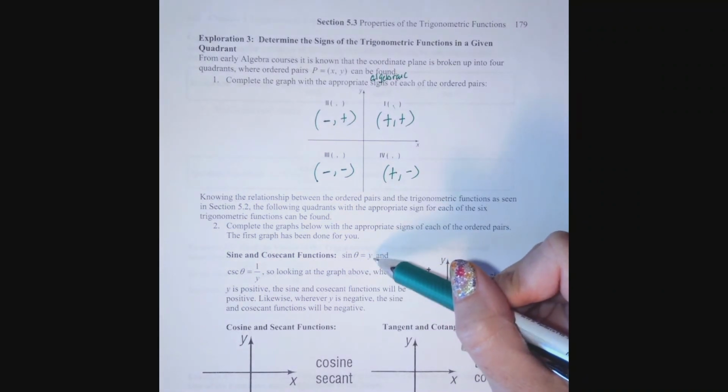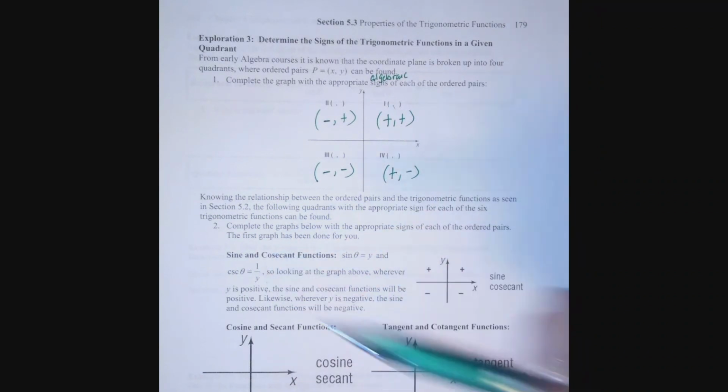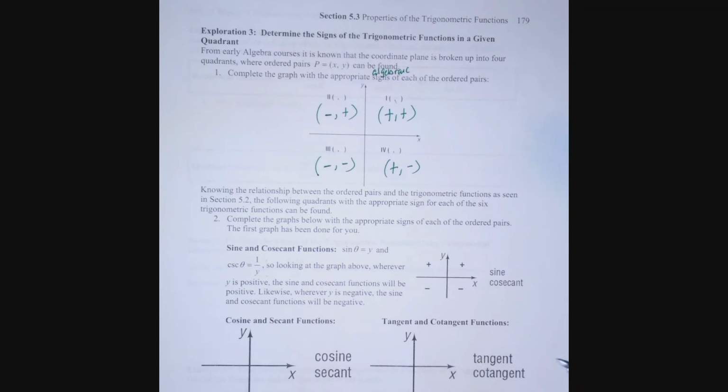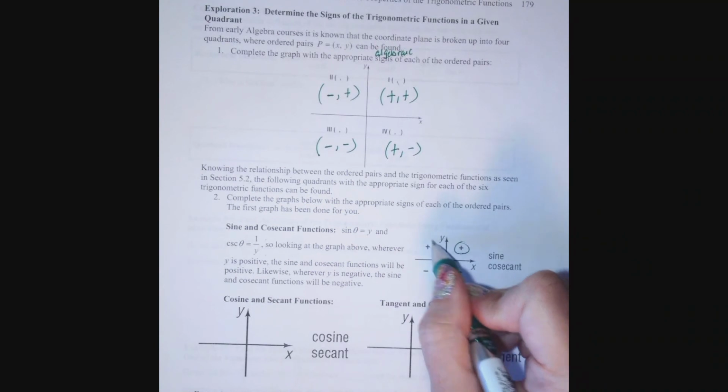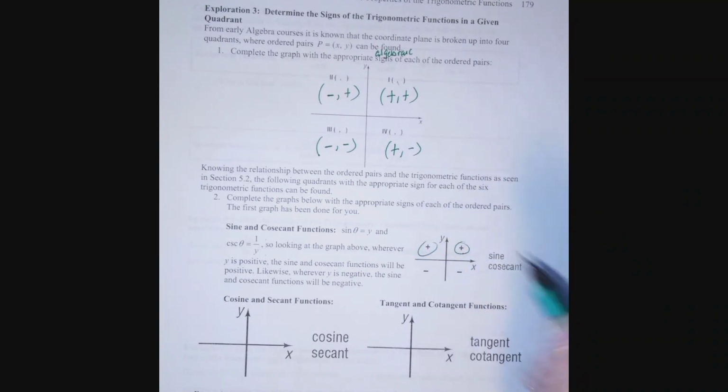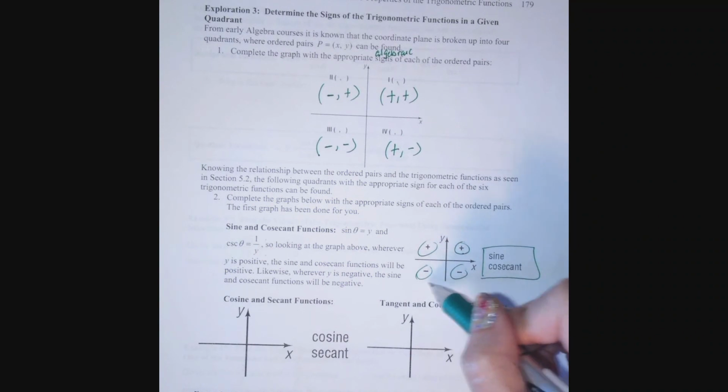If I'm not on the unit circle, it would be y over r and r over y. So I'm interested in what y is. Well, y is positive in quadrants 1 and 2, and y is negative in quadrants 3 and 4. So both sine and its reciprocal cosecant will be positive in these two quadrants and negative down here.